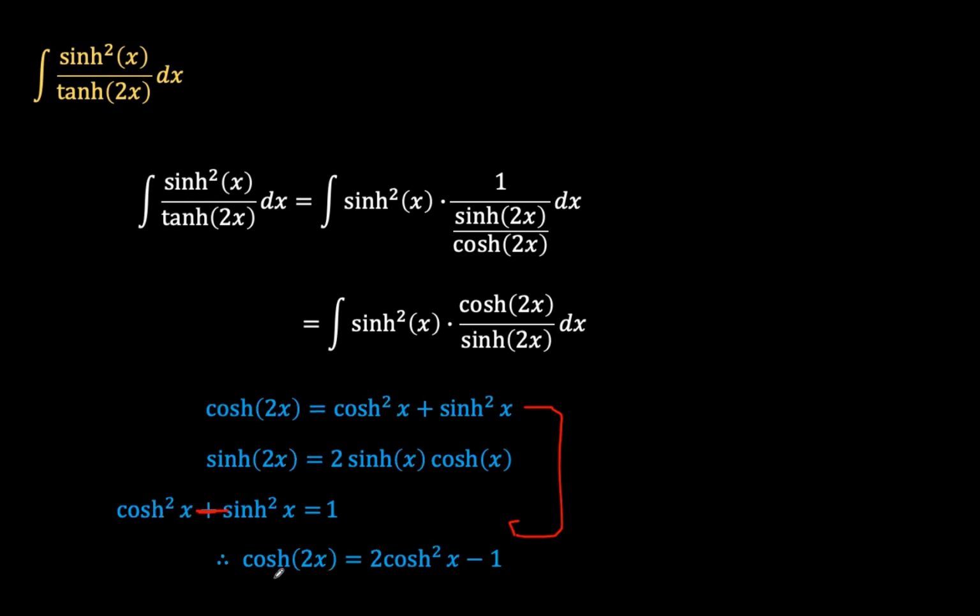We get that hyperbolic cosine 2x is equal to 2 hyperbolic cosine squared x minus 1.